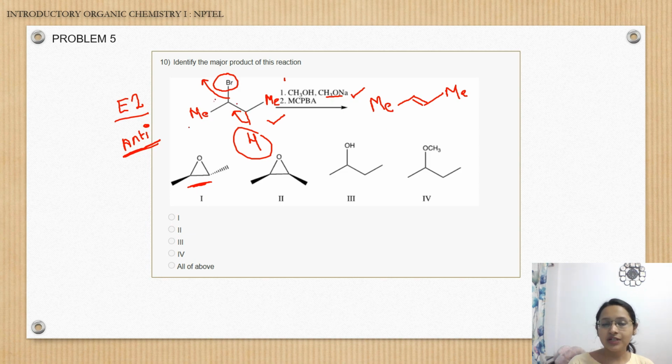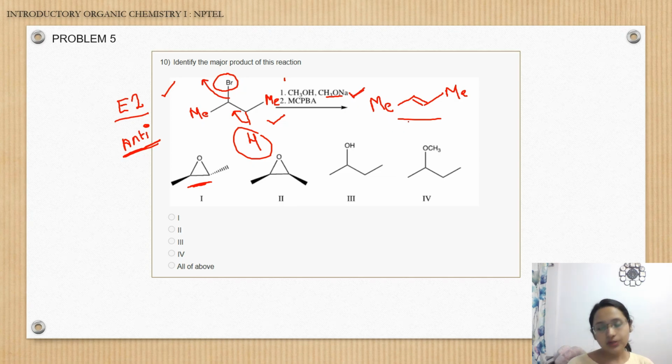No change in the stereochemistry will be observed because this H and Br are already anti to each other, and thus there is no need to orient that particular bond, and you will end up having the similar stereochemistry which was there in the reactant. So the product will also have the same stereochemistry. So the first step is sorted. You will end up having elimination and you get this alkene.